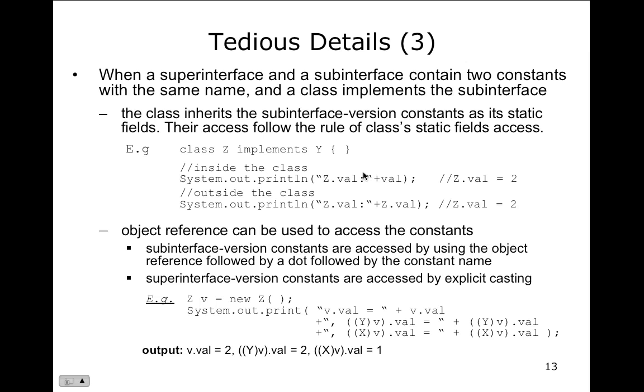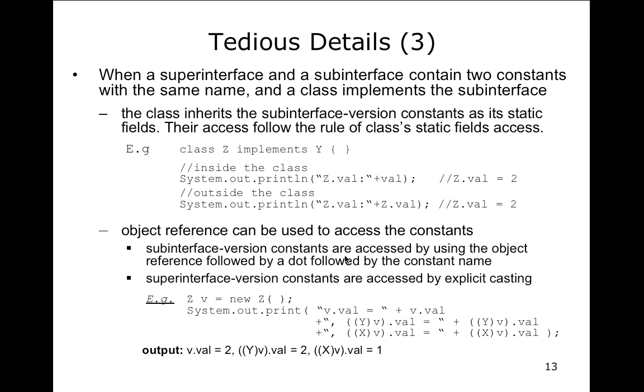So here we have class Z that implements Y. Inside the class here, we have Z.value, and outside the class, we have Z.value, and we have the same number. So static works the same way, long story short. It reinforces, hopefully, your understanding of what the static term actually applies to.